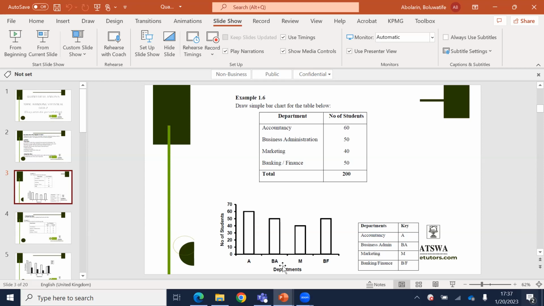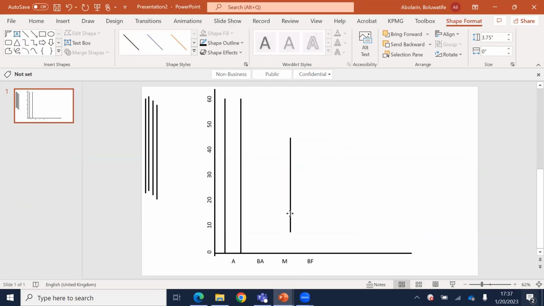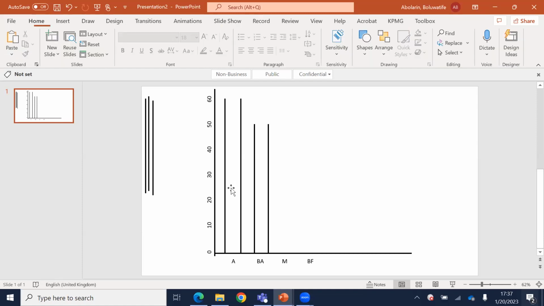So now the second one says what? 50. The second line says 50. I'm going to come in again and bring it to 50. This is where 50 reaches. The next one is what? 40. I'm going to bring it to 40.